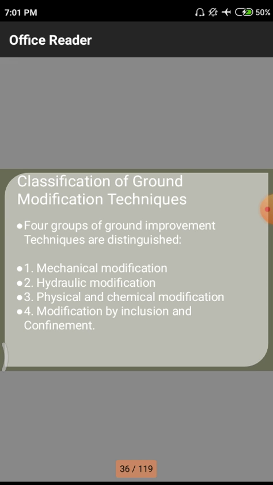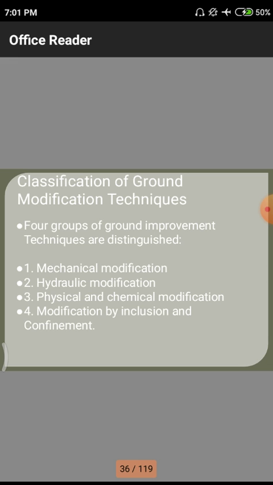Among these modification methods we mainly have four kinds of techniques which are used a lot to improve the soil properties. The first one is mechanical modification. That means to densify the soil of a particular area we need this kind of mechanical modification.